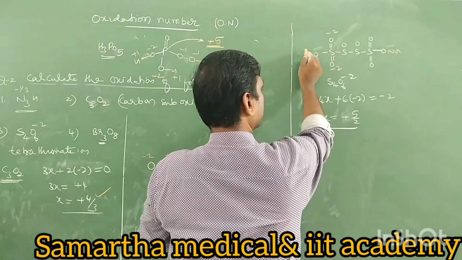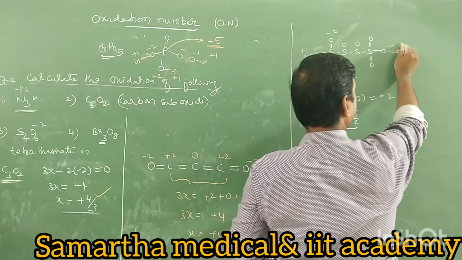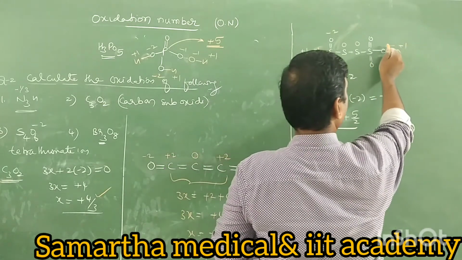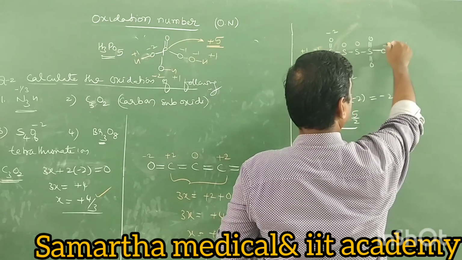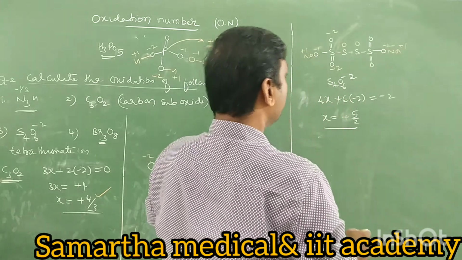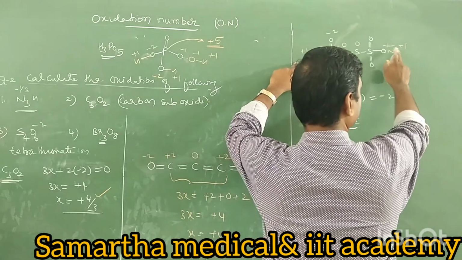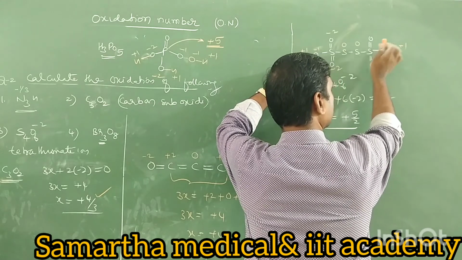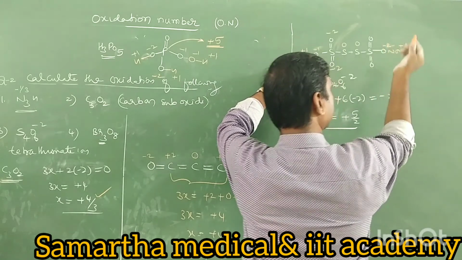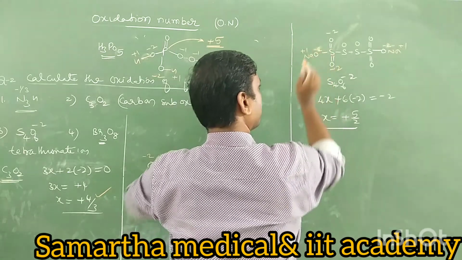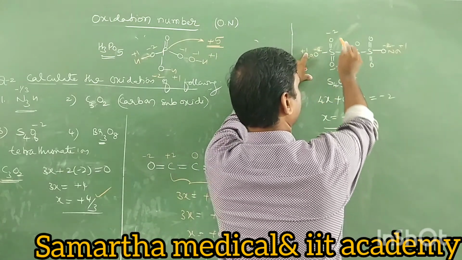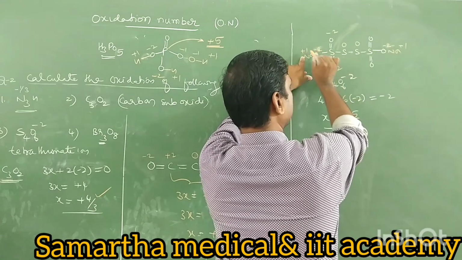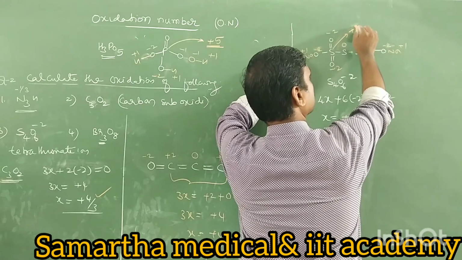This minus 1 and plus 1 contribute here also. It means oxygen has minus 2 only. Minus 2, minus 2, minus 2, minus 6. It is supposed to be plus 6, but there is a minus 1 contribution, so plus 5.